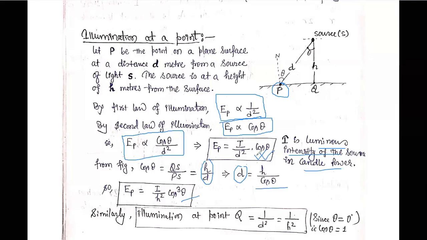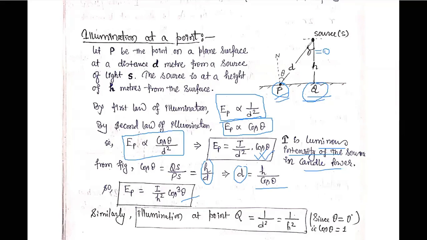Okay, or you can simply find the value of illumination from this point also. It depends on what are the parameters available with you. Okay, that is not an issue. So you will get the illumination at this particular point, at point P. Now you have to find out the illumination at point Q. Okay. So what you will do? The illumination at this particular point, according to this equation, if the value of theta is equal to 0, then you will get the illumination at this particular point.